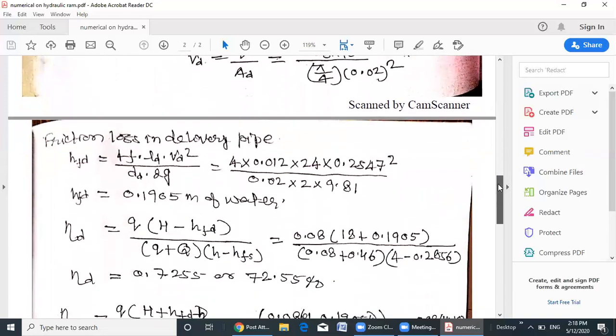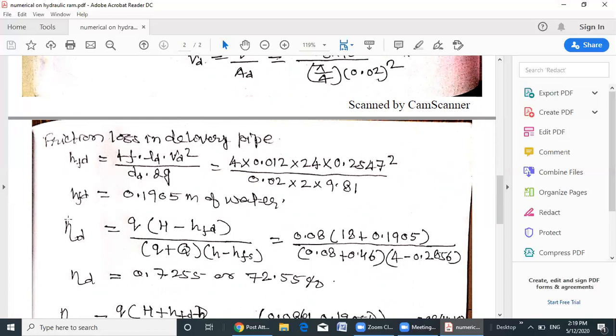That is velocity. Now again we will calculate frictional loss in delivery pipe. Same formula will be used: 4f L V square over 2gD, and suffix d here for delivery. We will put all the data and solve. Then we will get hfd in delivery 0.1905 meter of water.